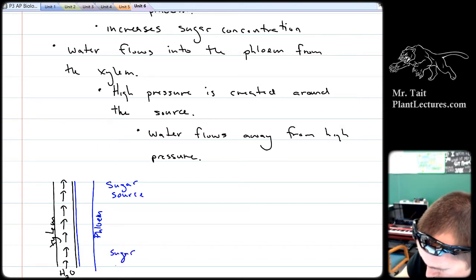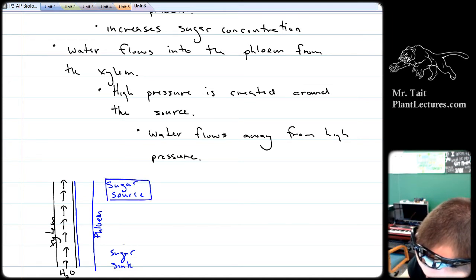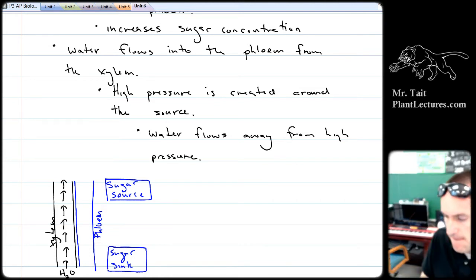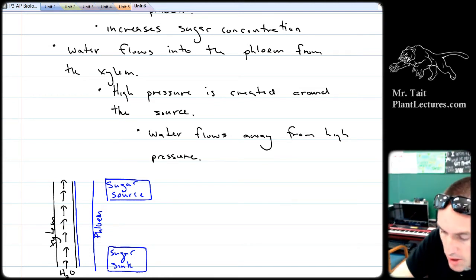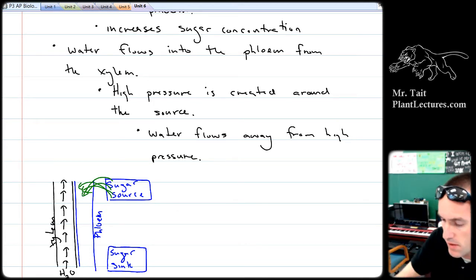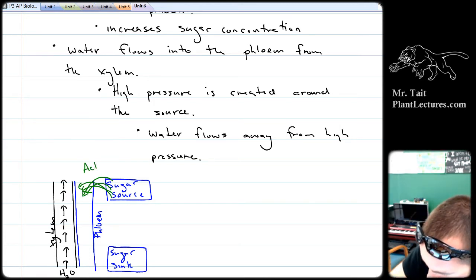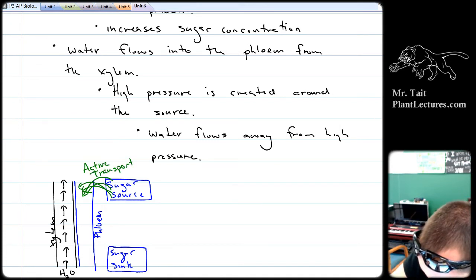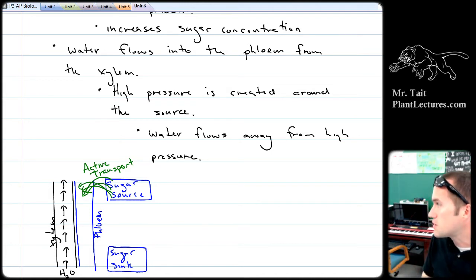Here's your sugar sink. Okay? So sugars are actively transported into the phloem from the sugar source. That increases the concentration of sugar there. This is active transport. Okay? Active transport of sugars increases the sugar concentration near the source.